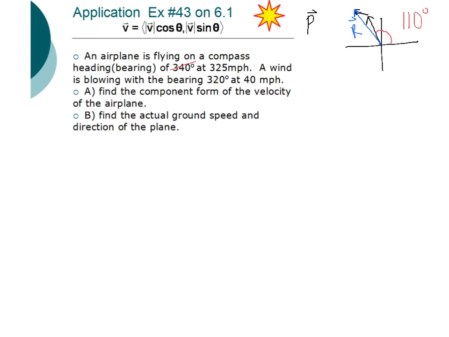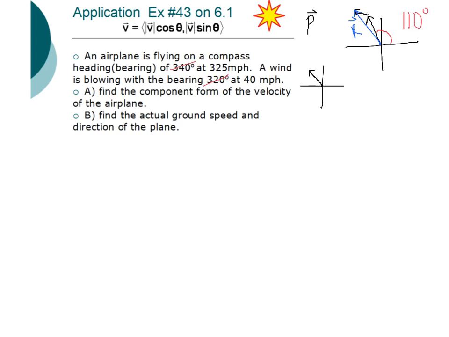Now there's one thing we have to do before we get too far, and that is to change this 320 in the same way that we turned the 340 into 110. What do you think a 320 would be as a directional angle? I'll just sketch this real quick. This was our 320, right?